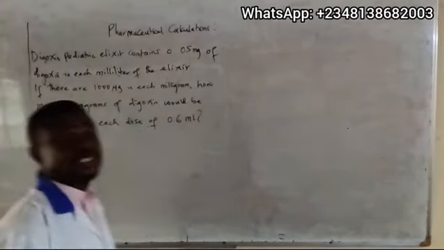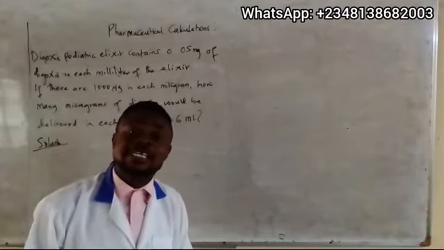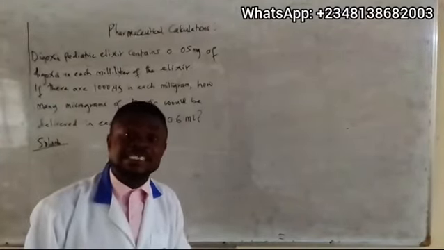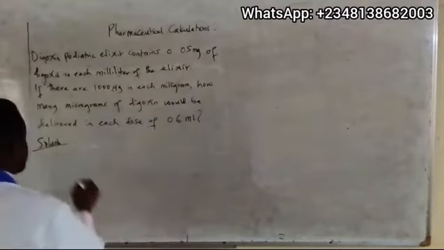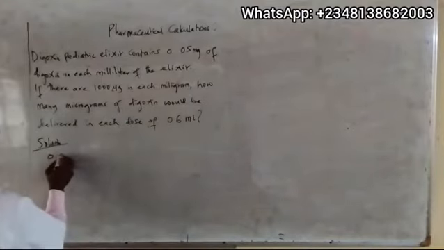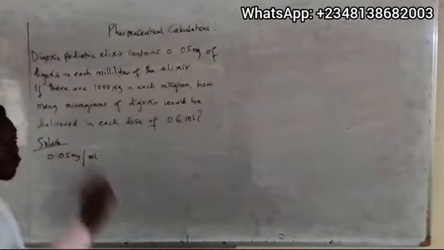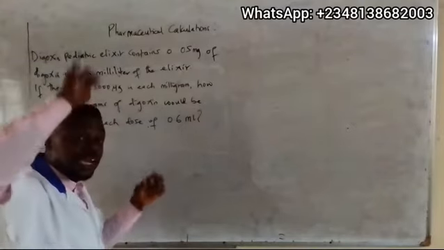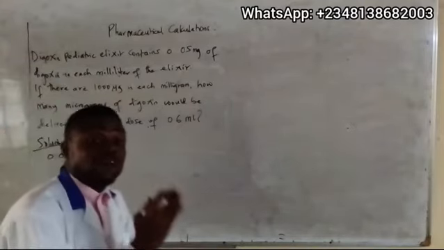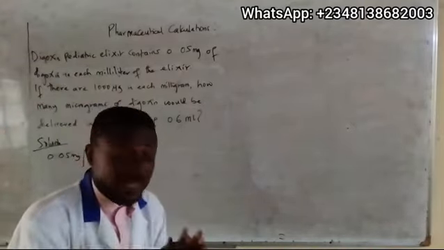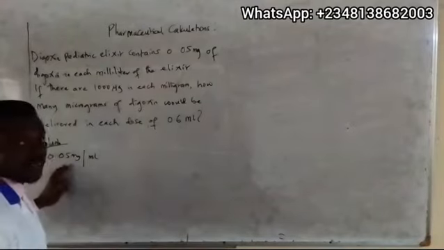That means the concentration of the digoxin elixir is 0.05 milligram per ml. That means 1 ml of the elixir contains 0.05 milligram of what? Digoxin. That is strength, that is concentration.